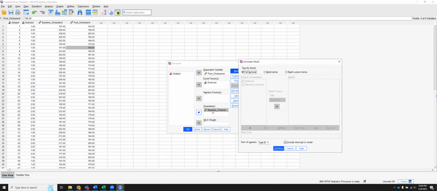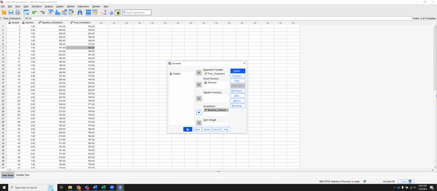However, we want to test and make sure our group assignment was random. So we can build the term over here: exercise and the baseline level. You can hold control and select these two and put them over here. Now continue and OK.